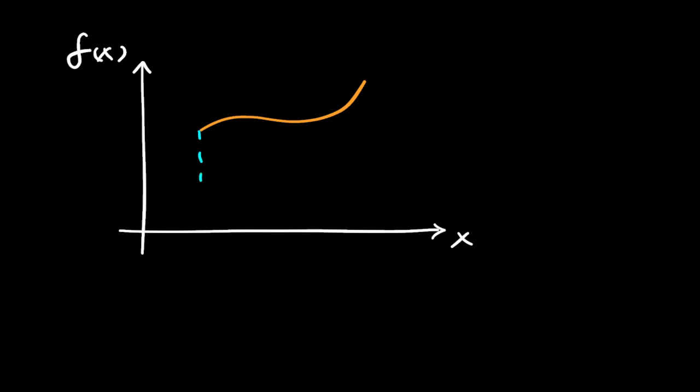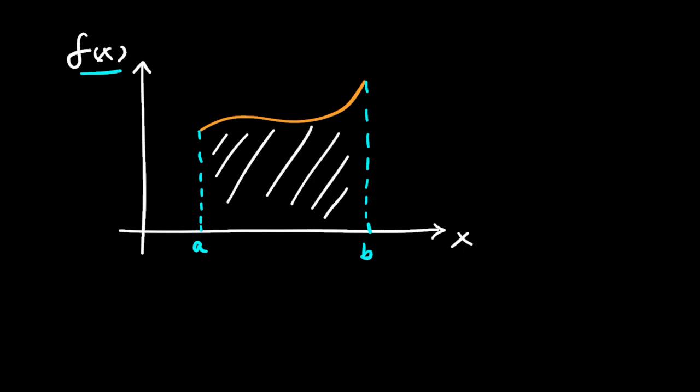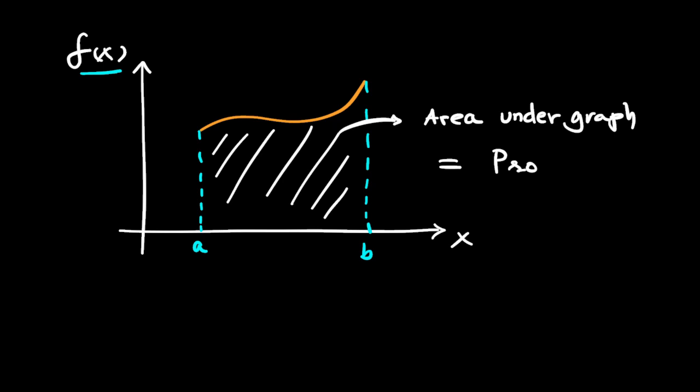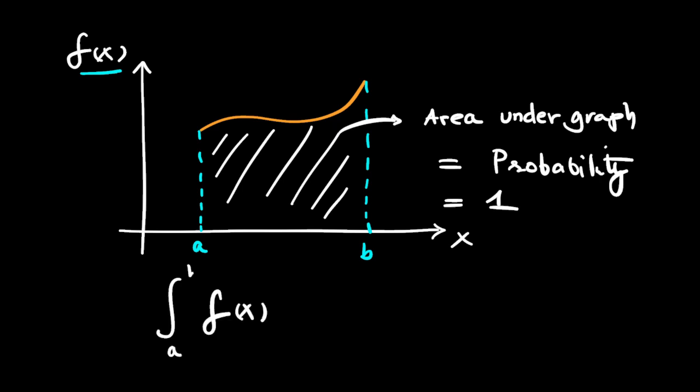This function works for the limits a and b. Now, since this is a probability density function, the area under graph represents probability, and we know that the sum of probability should add up to 1. So if we integrate this function between the limits a and b, it should equal 1.